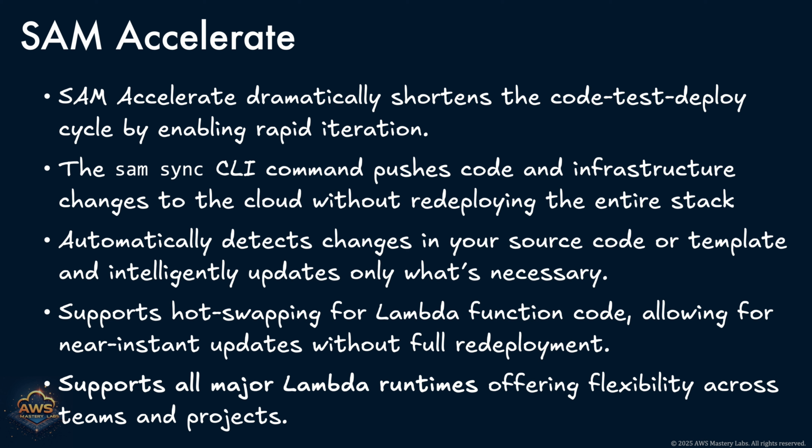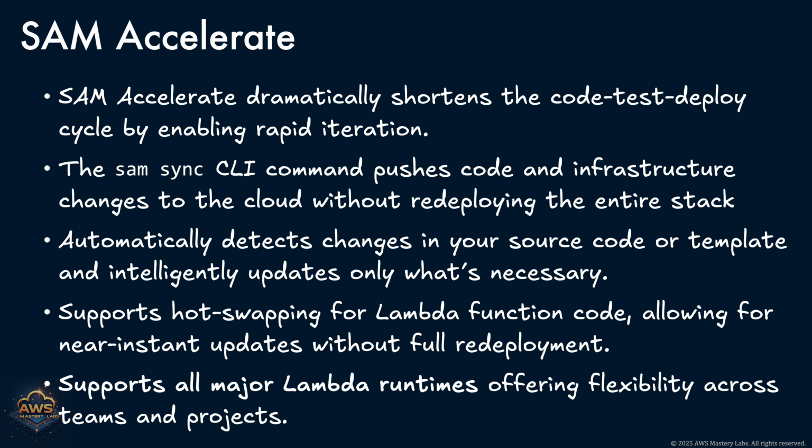Unlike a full deploy, SAM sync intelligently detects what's changed, whether it's your Lambda function code, templates, or configurations, and updates only those specific parts in the cloud. This enables near-instant hot swapping of function code and incremental updates to infrastructure, making the development loop much more agile.